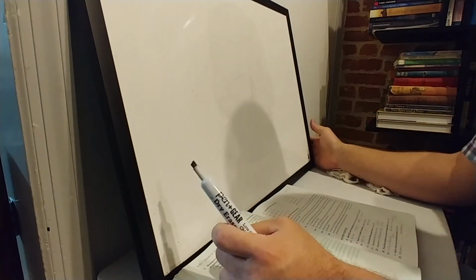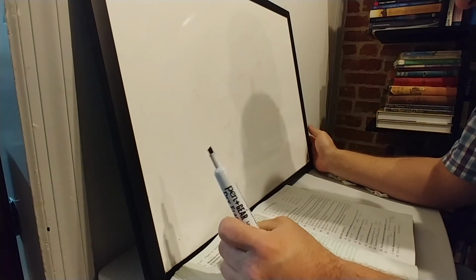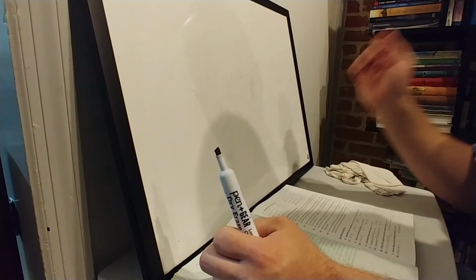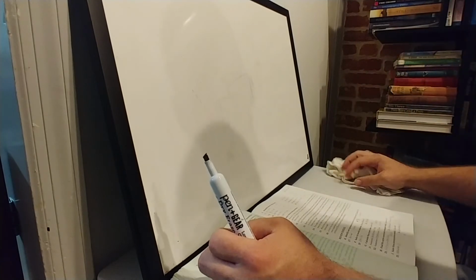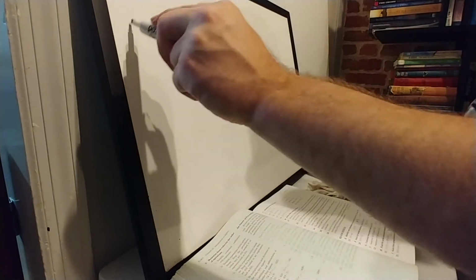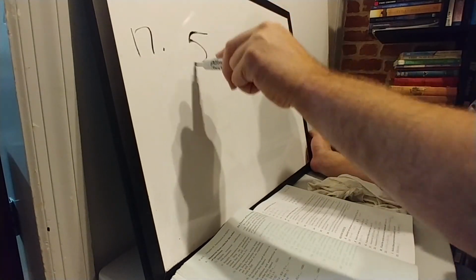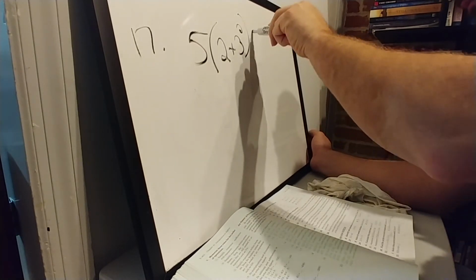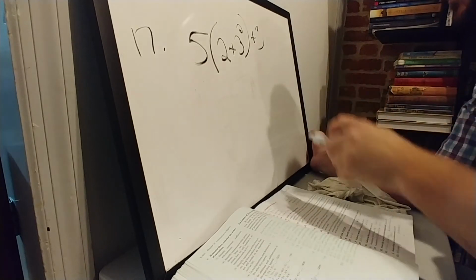All right. Let's do number 17, I guess. We'll leave that big one in 19 for you to do. So we have 5, 2 plus 3 squared plus 3.